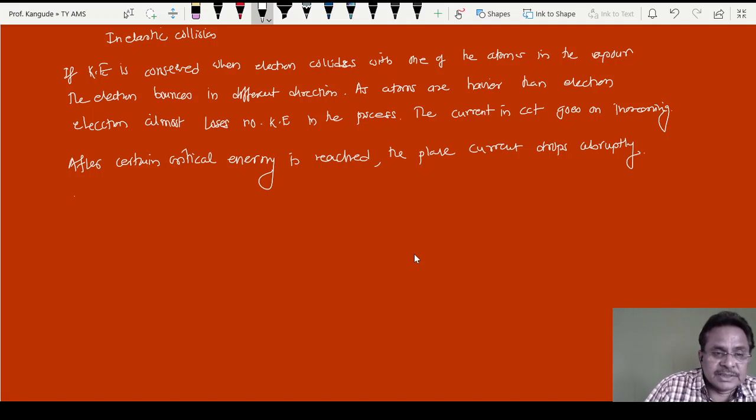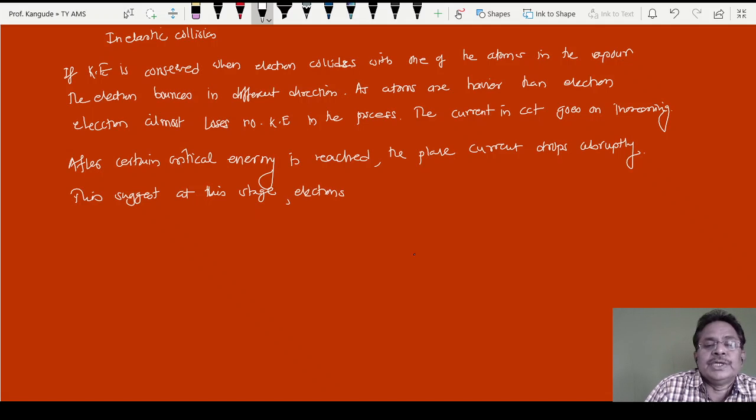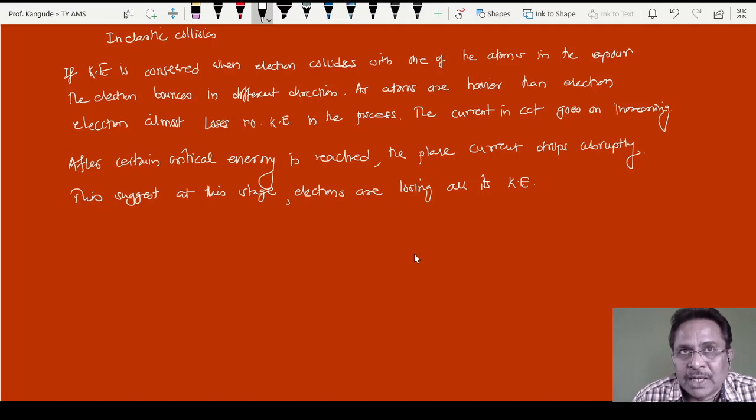So this suggests that whenever this stage is reached, electrons are losing all their kinetic energy, and thereby they are not able to reach the plate and no current is there.